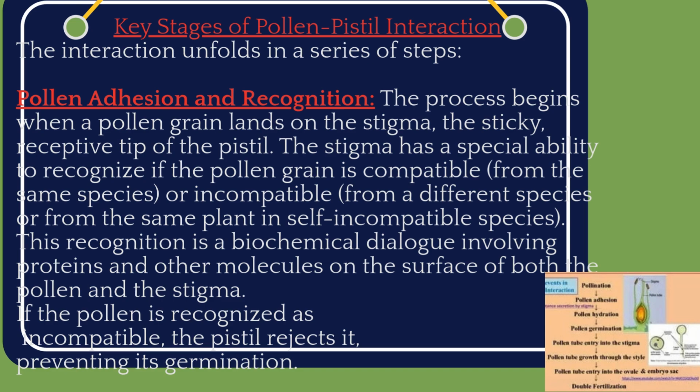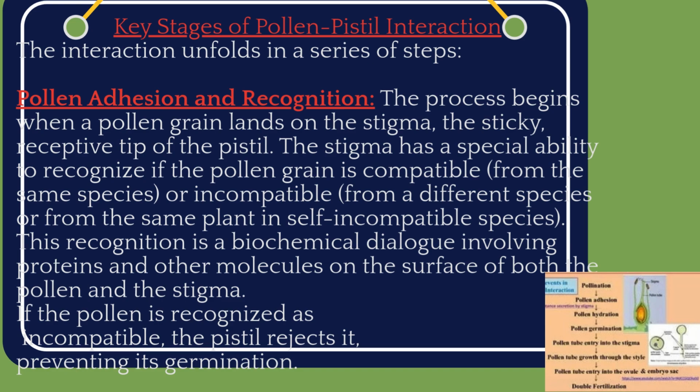The first one is pollen adhesion and recognition. Now what is meant by adhesion? Adhesion means to stick, the sticking of the pollen grain, and the recognition is by the pistil. The recognition of the pollen grain will take place.